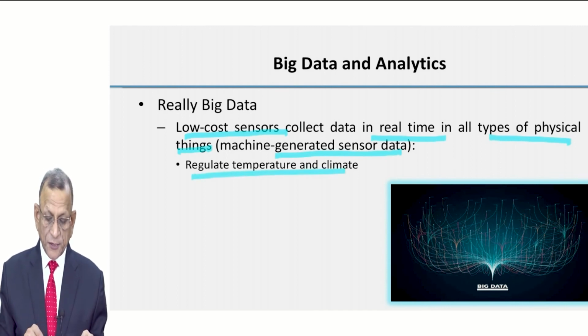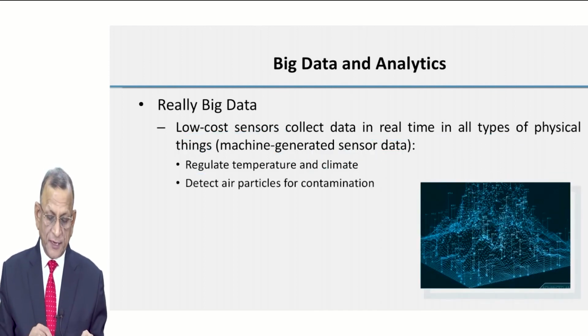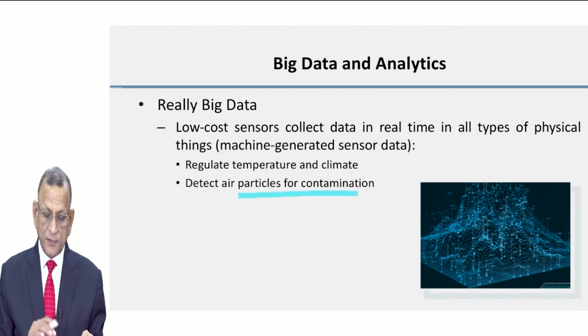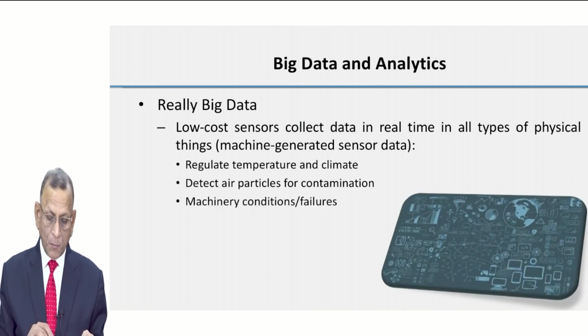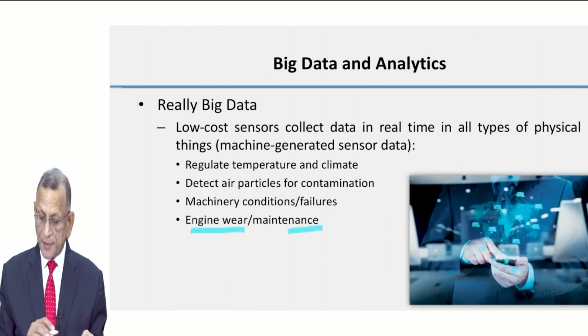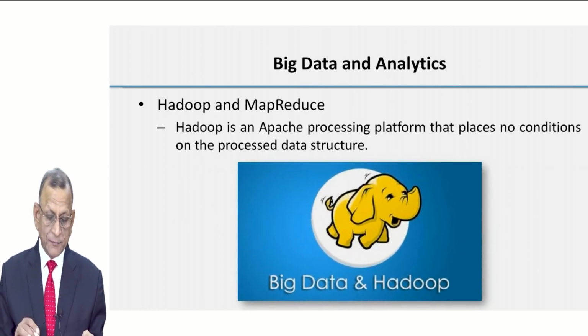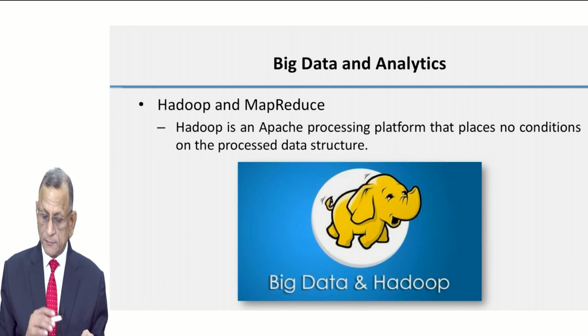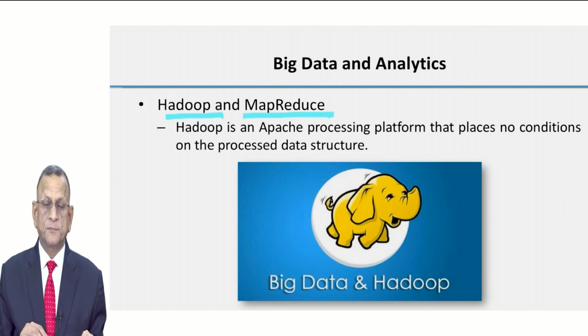They regulate temperature and climate, detect air particles for contamination, machinery conditions and failures, engine wear and maintenance, and this may be done with the help of something known as Hadoop and MapReduce. These are the two technologies with the help of which we are in a position to handle really big data.